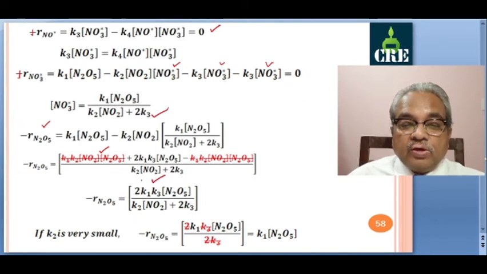In the denominator K2 concentration of NO2 plus 2 K3. If you apply the condition of K2 very small, K2 is the reverse rate constant, so it will be much smaller than K1. So this is a small quantity.